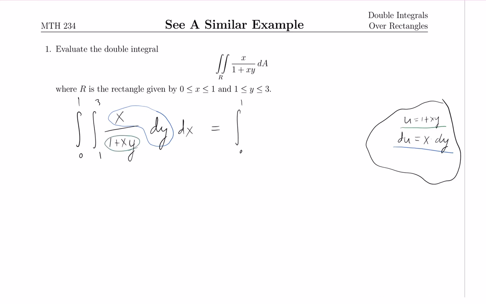So once we do our substitution, this just looks like 1 over u du. And we have to change the bounds, of course. When y equals 1, u equals 1 plus x times 1, so 1 plus x. And when y equals 3, u equals 1 plus 3x.